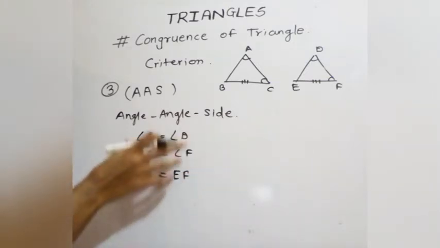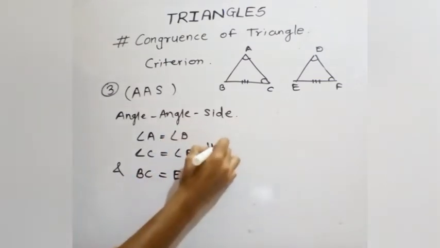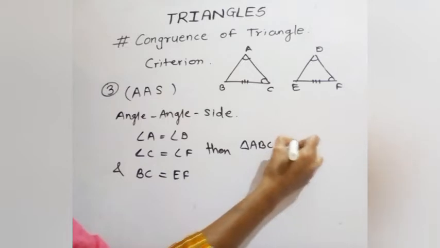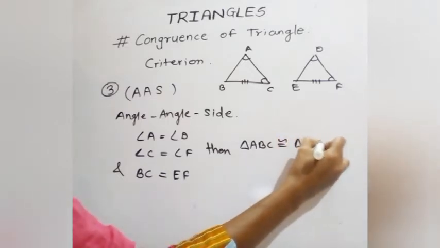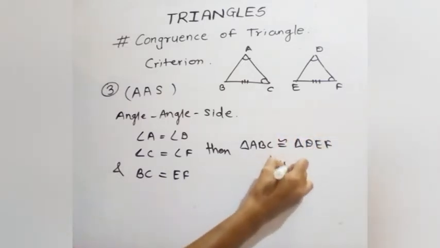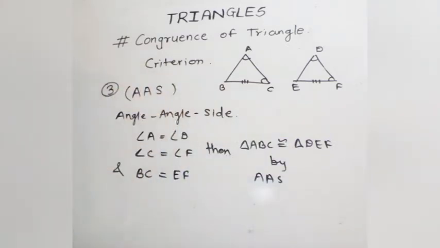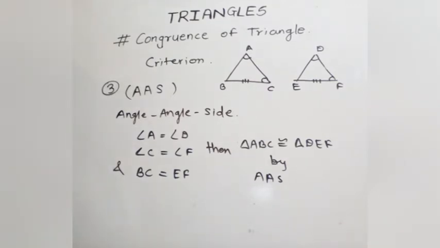All these are equal, then triangle ABC is congruent to triangle DEF by AAS. This is the two angle and one side equal criteria of congruence of triangle.